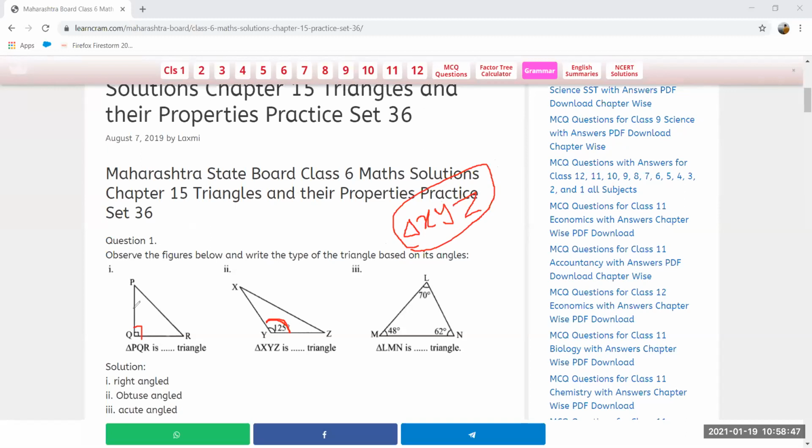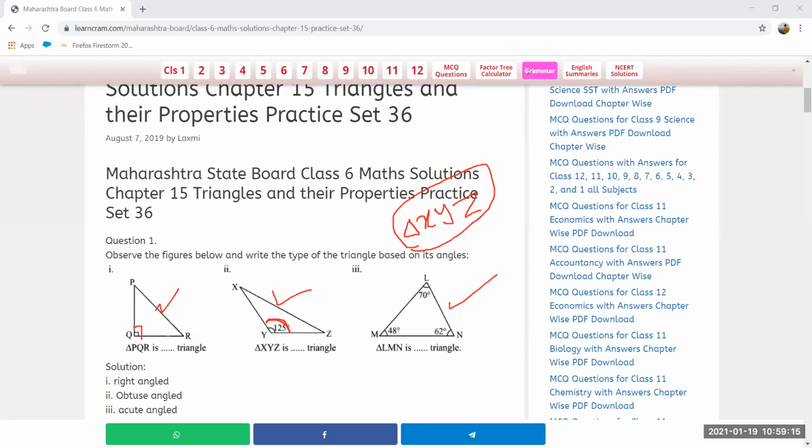Here triangle PQR is a right angle triangle. Triangle XYZ is an obtuse angle triangle, as one of the angles is more than 90-degree. And if all the angles are below 90-degree, then it is known as an acute angle triangle. Triangle LMN is an acute angle triangle. All right, children.